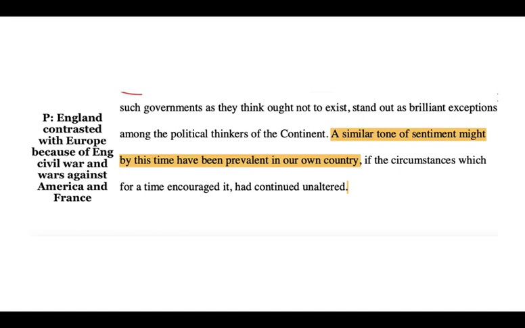And so my prediction is that England is going to be contrasted with Europe because I'm going to predict that those circumstances are the English Civil War and the wars against America and France that recently happened. Again, this could also be a context note because English Civil War, wars against America and France are kind of me taking information I know about English history and using it to help me read this text.